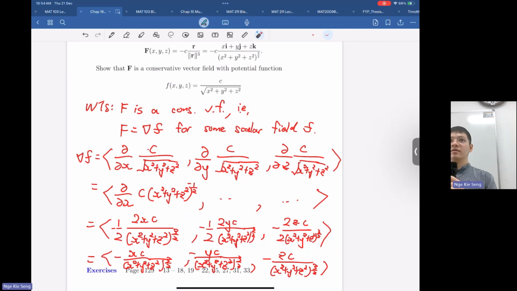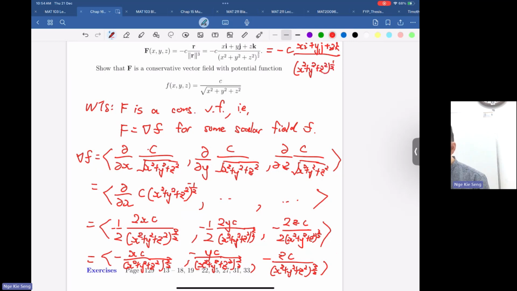Yeah, you take the cube of the length of your point. So what I mean is this is equal to xi plus yj plus zk over x squared plus y squared plus z squared to the power 3 over 2.